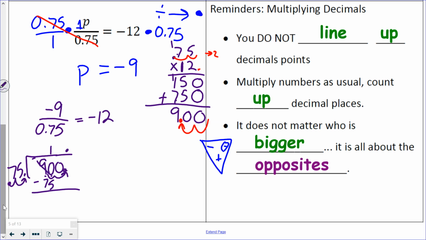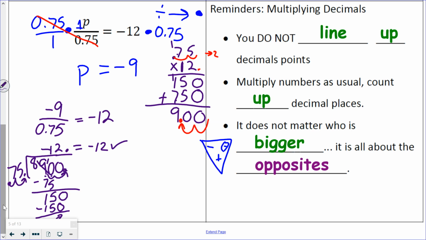Then I subtract, this becomes an 8, 5, 1, and 150. So then I have to think, well, if I have 75 cents that I earned 2 days in a row, I've made $1.50. So it took me 2 days to get to that. And because we have opposite signs, we know we have a -12 equal to a -12.